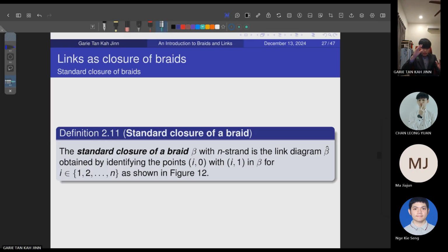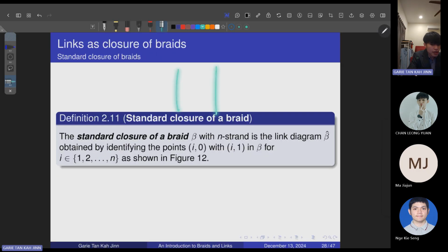Now we start to look at the link as the closure of a braid. In this section, we will take the natural orientation of the braid. Let's say that I give you the trivial braid. What is the natural orientation? This is t equals 0, this is t equals 1. Then the natural orientation is like this, from starting to ending.